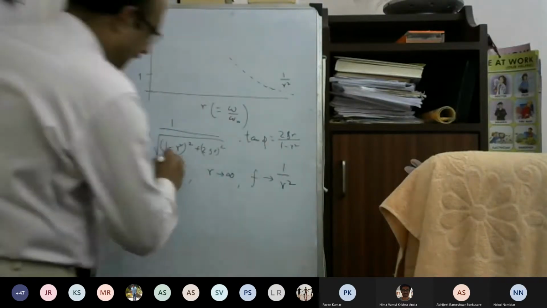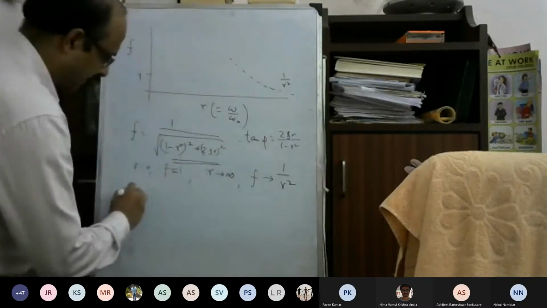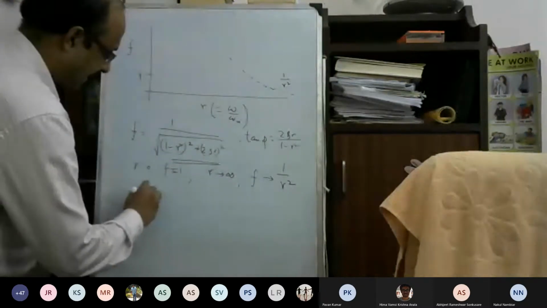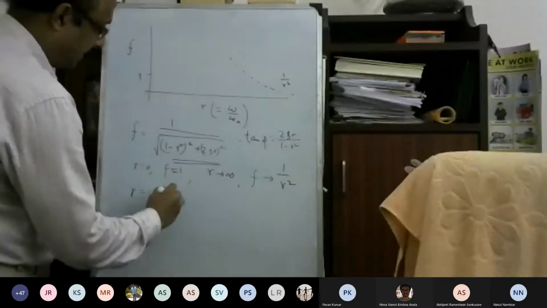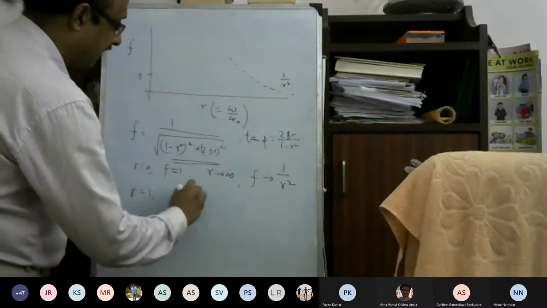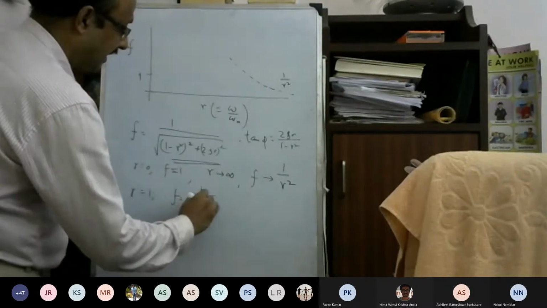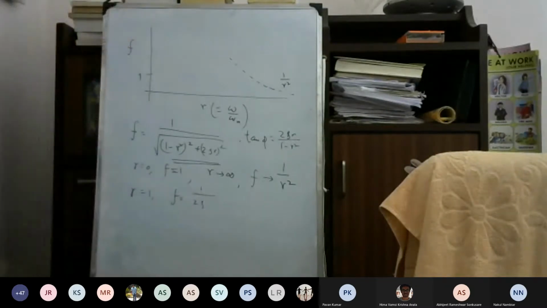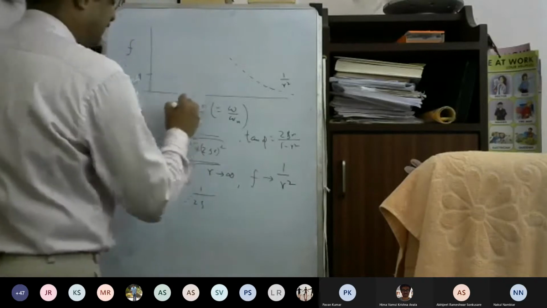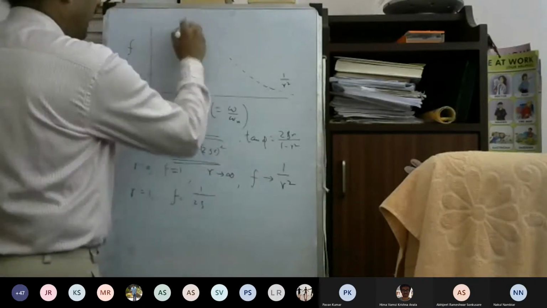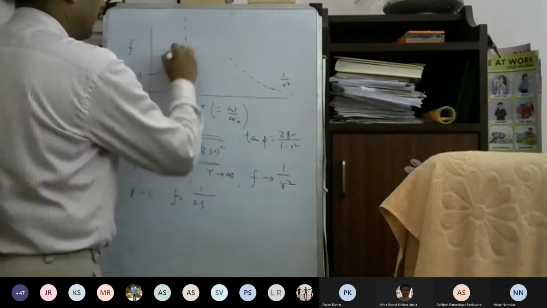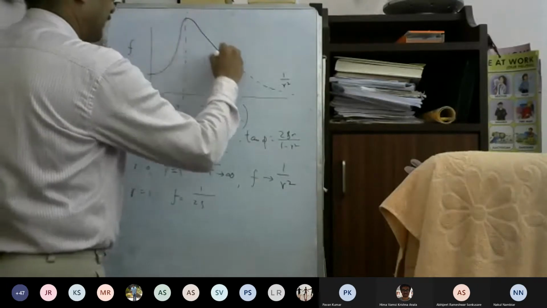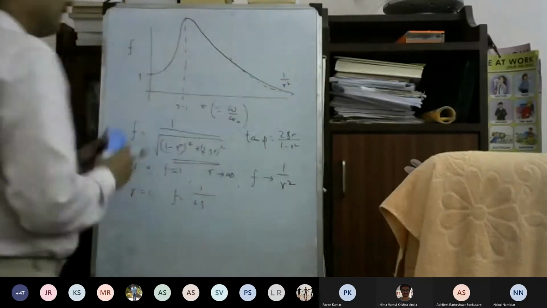Now, the interesting thing will happen near r equal to 1. At r equal to 1, F will be equal to 1 divided by 2 zeta r, so 1 by 2 zeta. So you see one thing: at r equal to 1, it will have a peak, something like this.